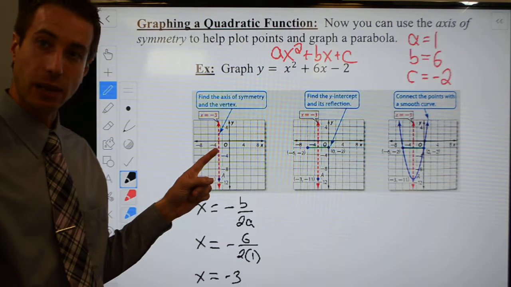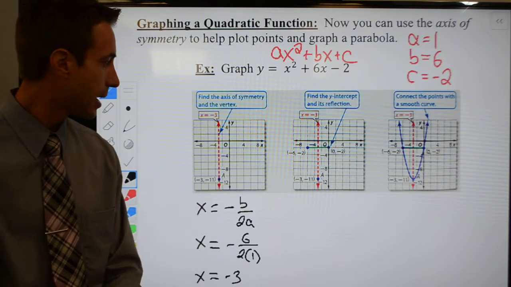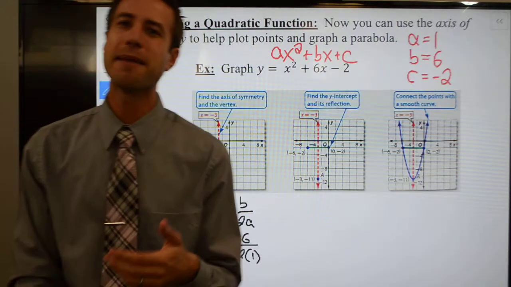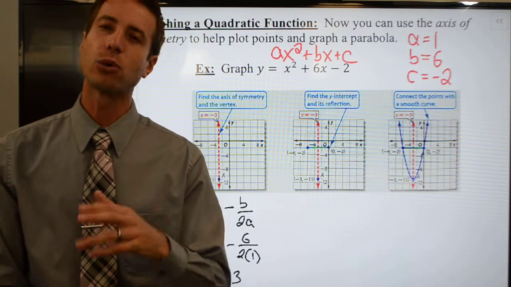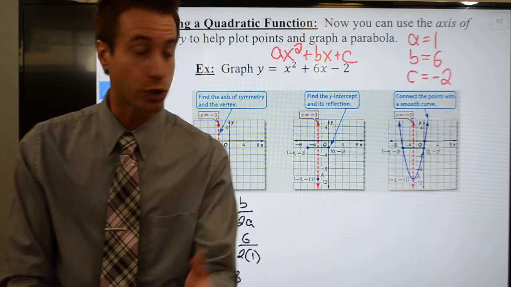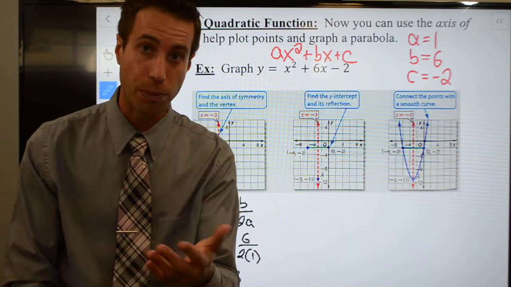And that's exactly what I've graphed for you here in this picture, right? My axis of symmetry, x equals -3. I will make it a dotted line, that way I don't confuse it with my actual graph, which is the parabola, right? We're trying to graph this function, which should look like a U, a parabola.